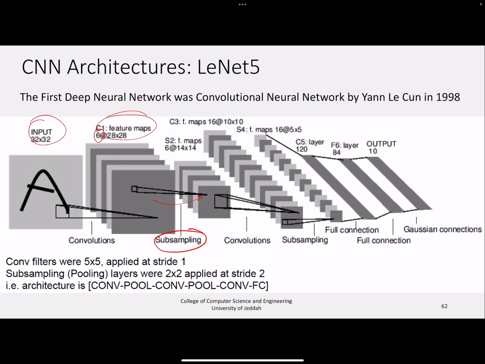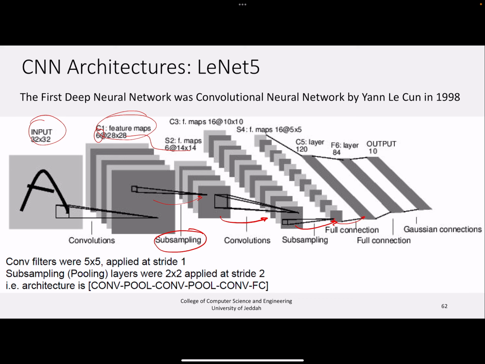In this case, we seem to be reducing from 28 by 28 to 14 by 14, meaning we're using a 2 by 2 pooling filter. Apply convolutions again, subsample again, and then flatten.